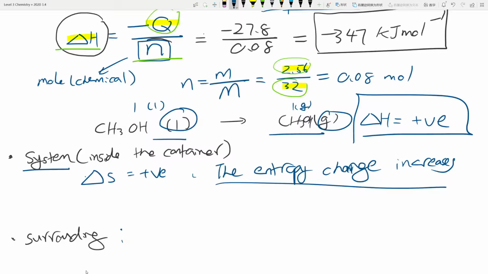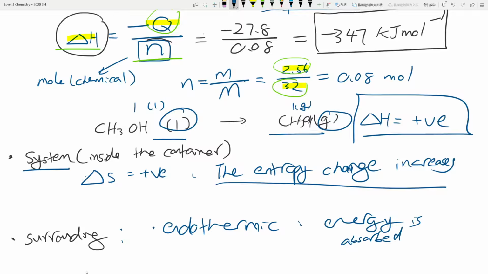So this is an endothermic reaction. Endothermic means energy is absorbed. And where do they absorb it from? It is absorbed from the environment, from the neighboring particles, from the surrounding. That's why we say surrounding.